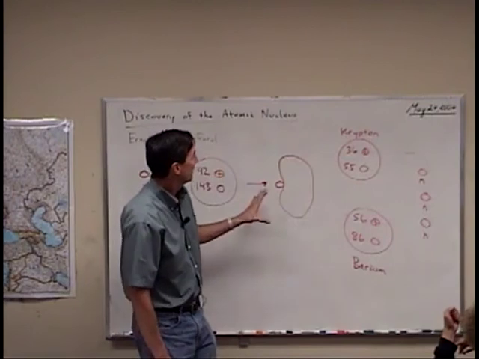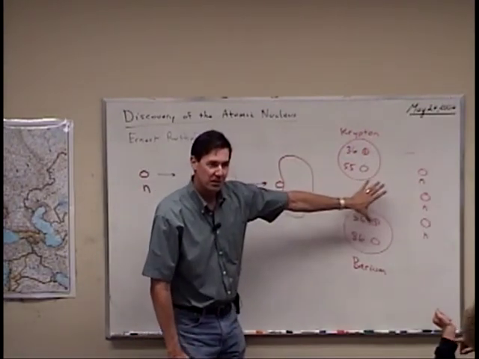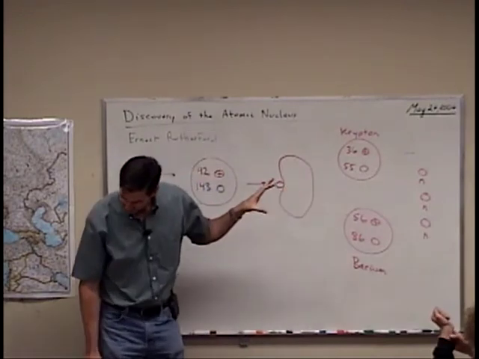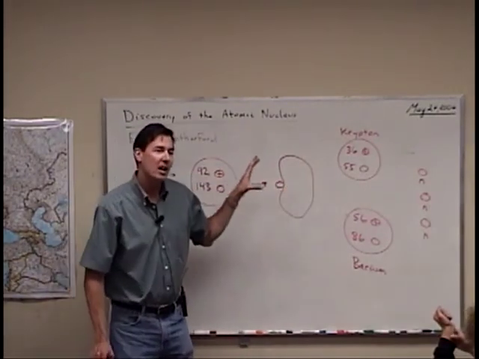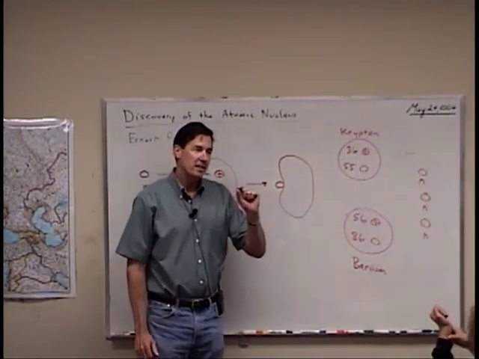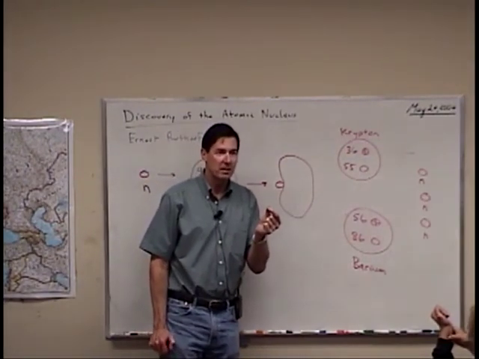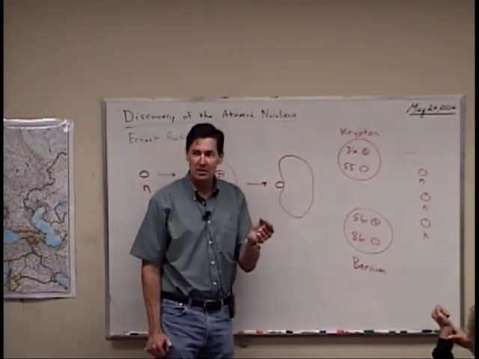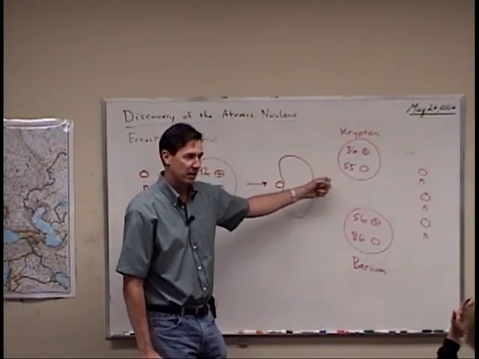It turns out that this reaction that I've just described for you releases 7 million times as much energy as the chemical reaction of dynamite, of TNT. 7 million times more in this nuclear reaction.